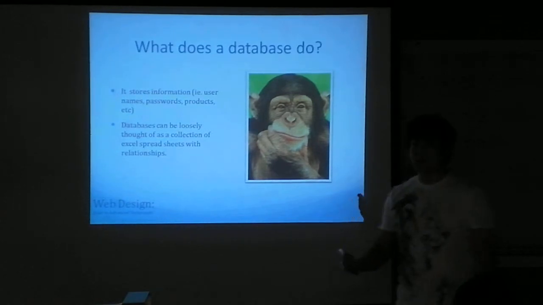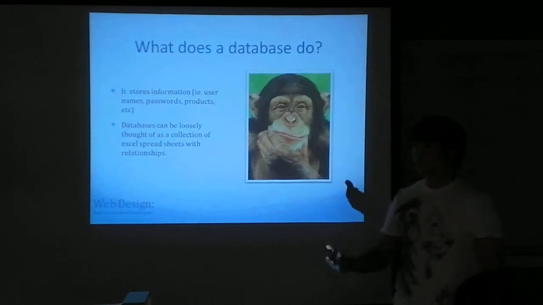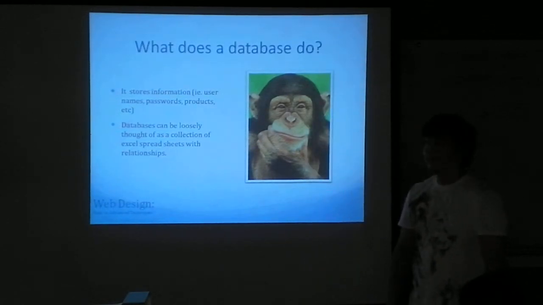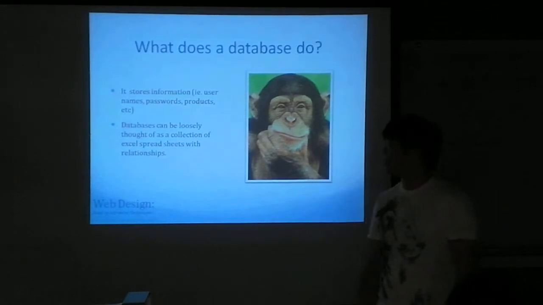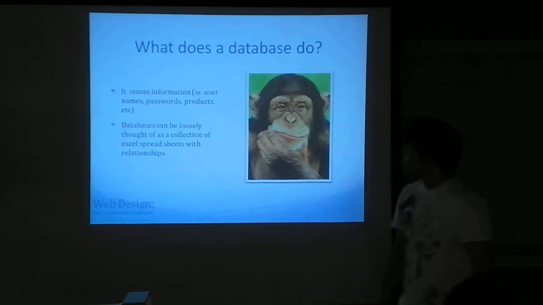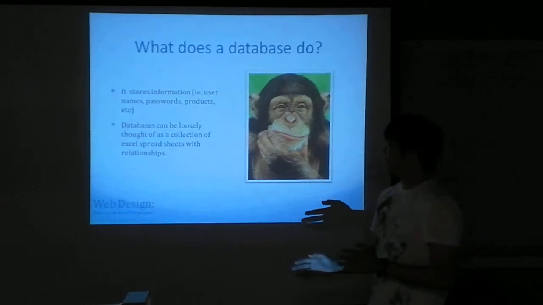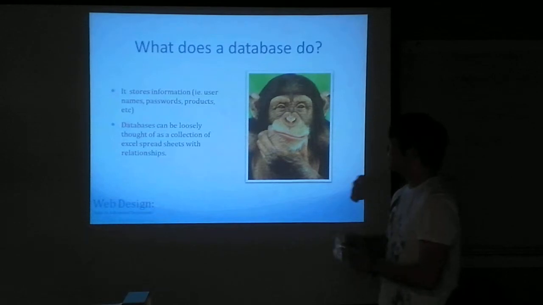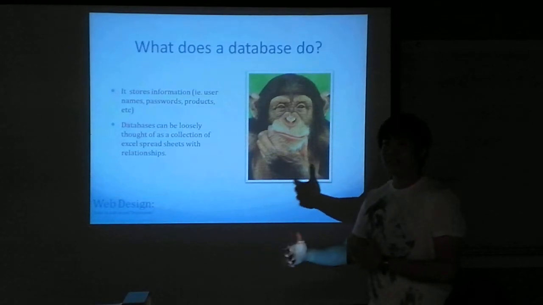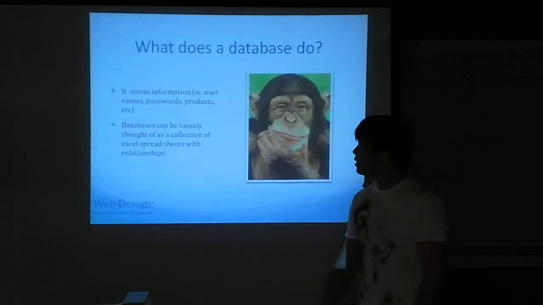In Amazon's case, their databases would store a bunch of products and listings, and Twitter would store tweets, usernames, and all those types of things in their databases. And you can sort of think about databases as a bunch of Excel tables in a way. That's probably the closest thing it relates to that you probably use at least once or a few times in your life.